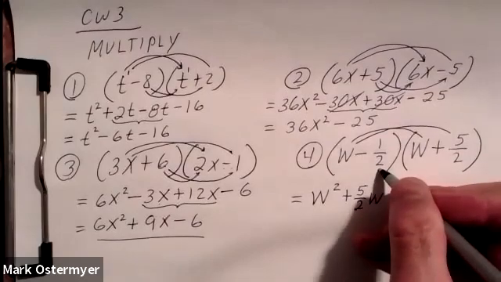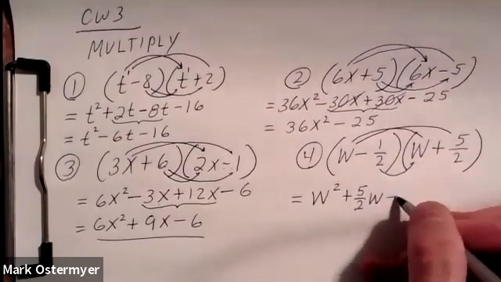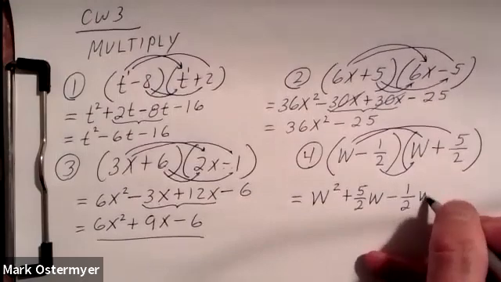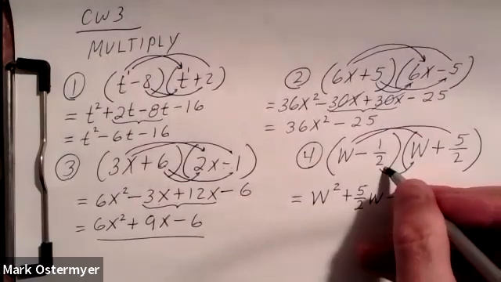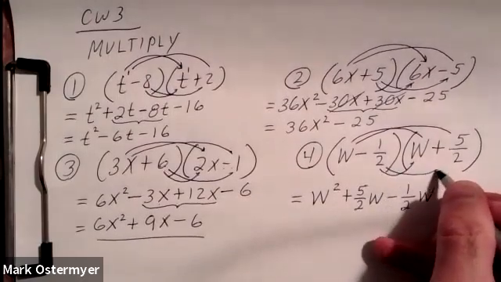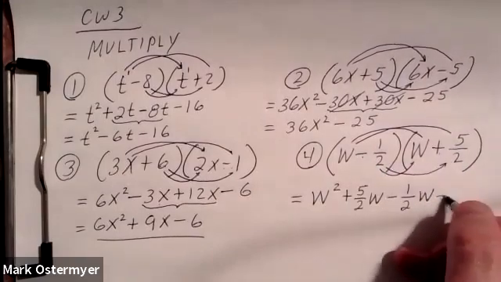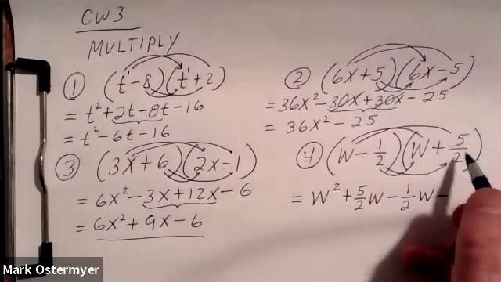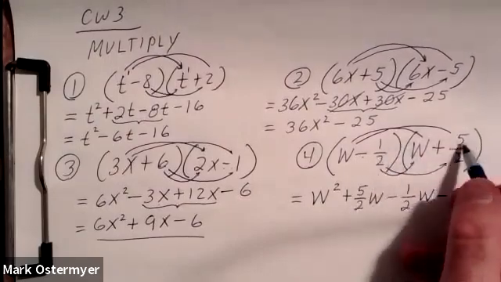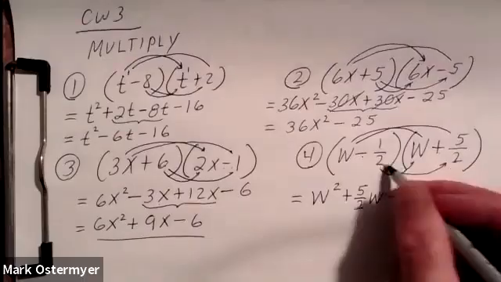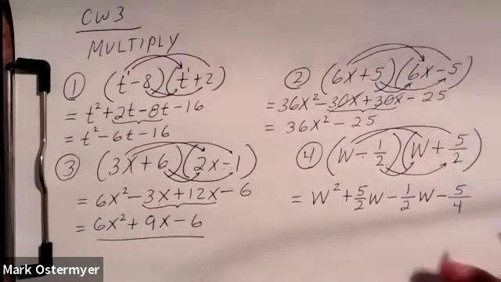Multiply the inner terms together, -1/2 times w is minus 1/2 w. Finally, the last terms: what's -1/2 multiplied by 5 halves? Negative times a positive is a minus. 1/2 times 5 halves, 1 times 5 is 5. 2 times 2 is what? 4, correct?